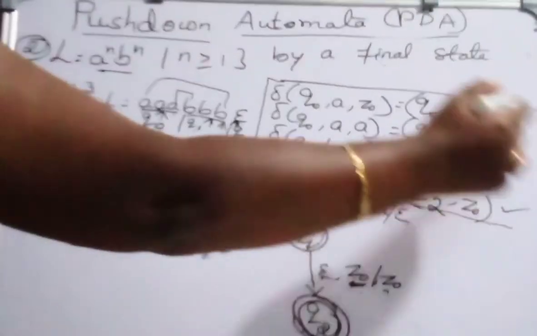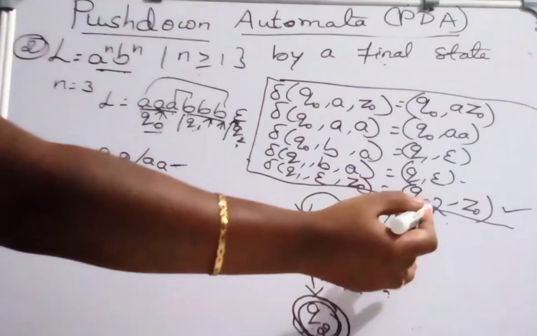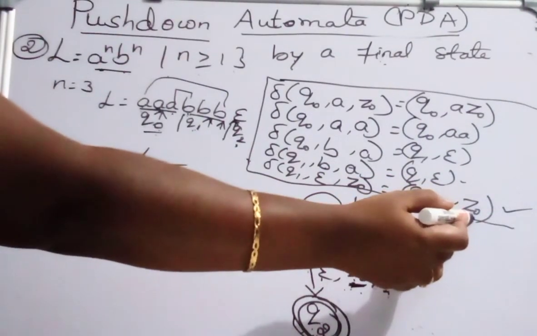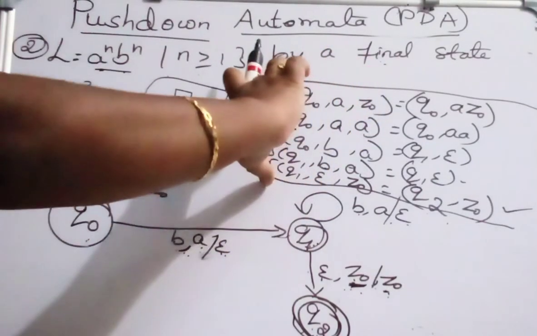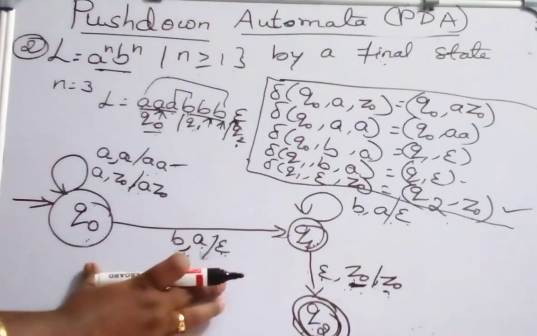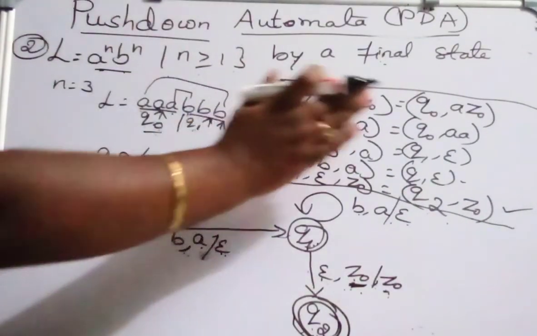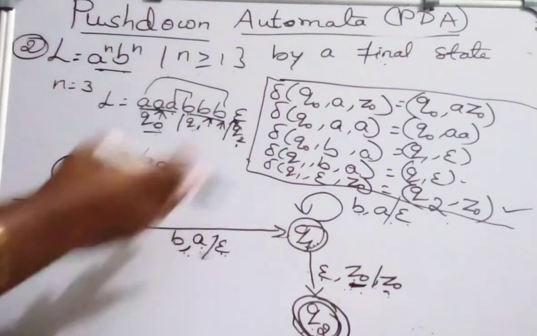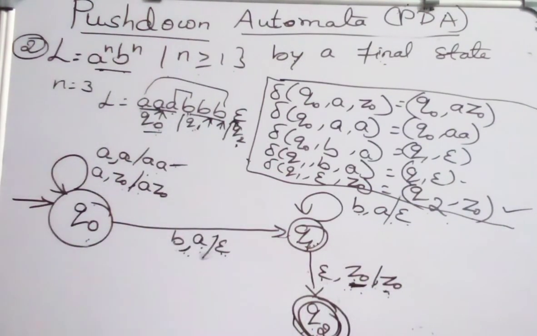It is acceptance of a PDA by the final state method. So here Q2 comma Z0 is our final configuration. These transitions you have to write. After writing the transition graph, just write the transitions. If you are good, you can write the transitions first and then, seeing the transitions, you can write the graph. Whichever you feel easy, you can follow.